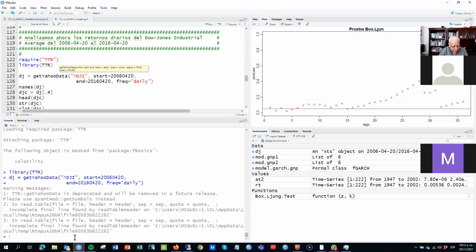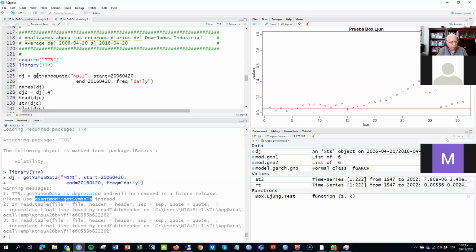It tells you here, warning, this is deprecated and will be removed in a future release, and you need to use quantmod, getSymbols instead of that getYahooData. Okay, so instead of using the TTR package, you can load the quantmod package and get the data.